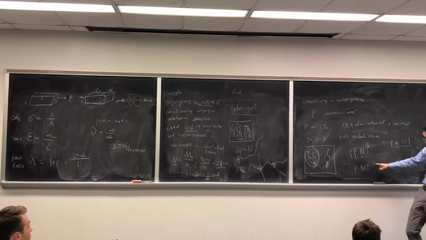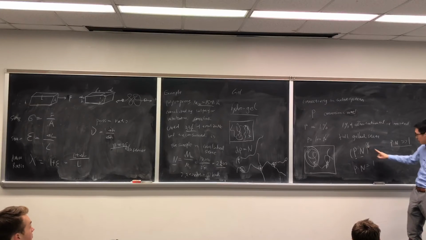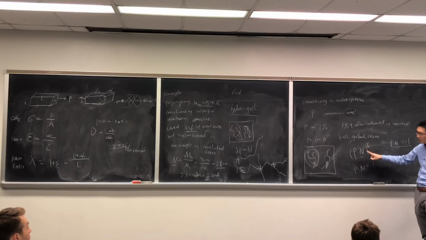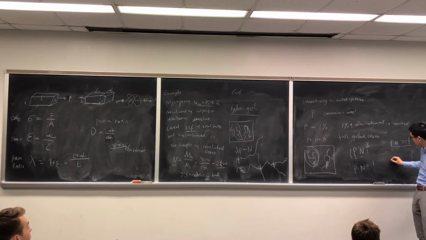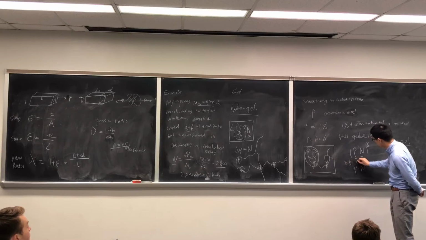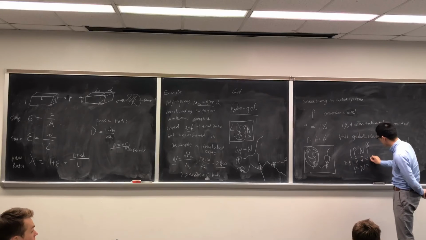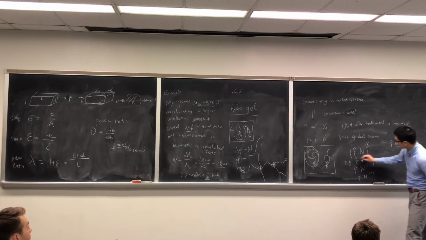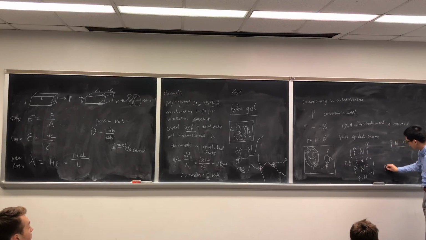Because whenever it's larger than 1, it will be an exponent of something larger than 1 many times, which will go to infinity. For example, if P multiplied by N is larger than 1, this will go into infinity.